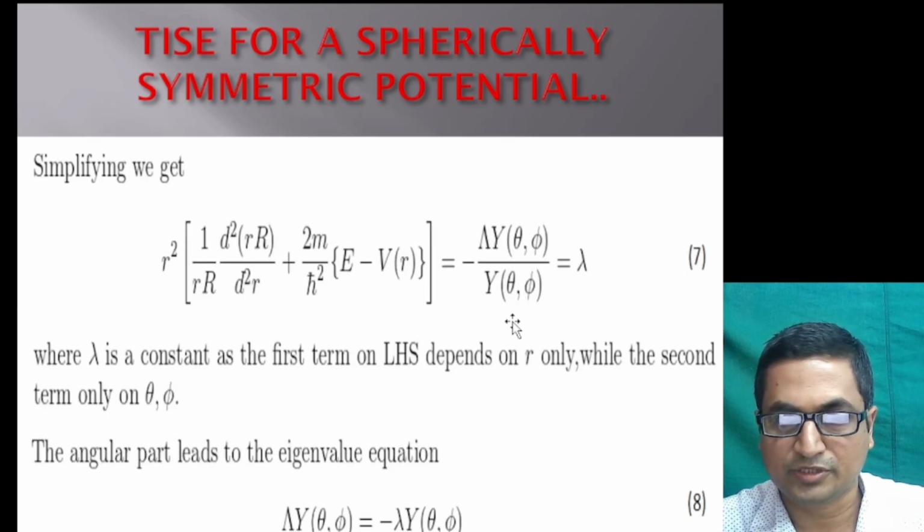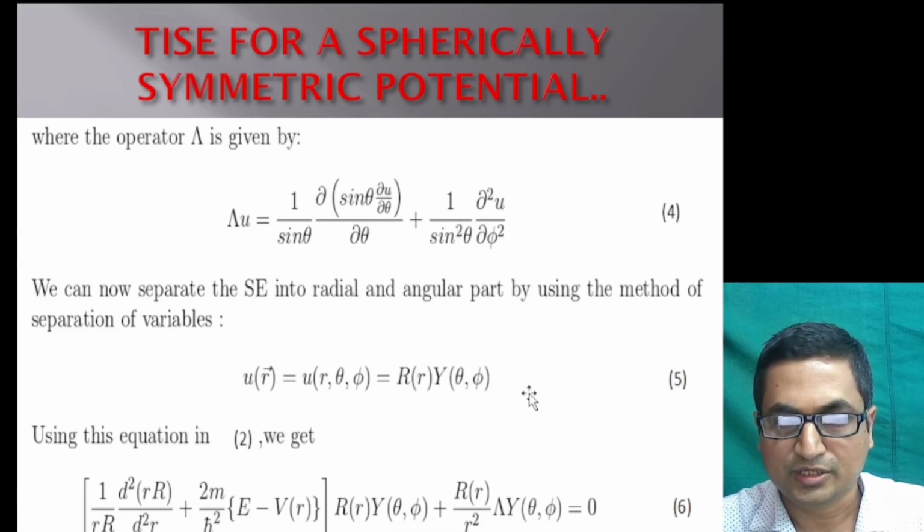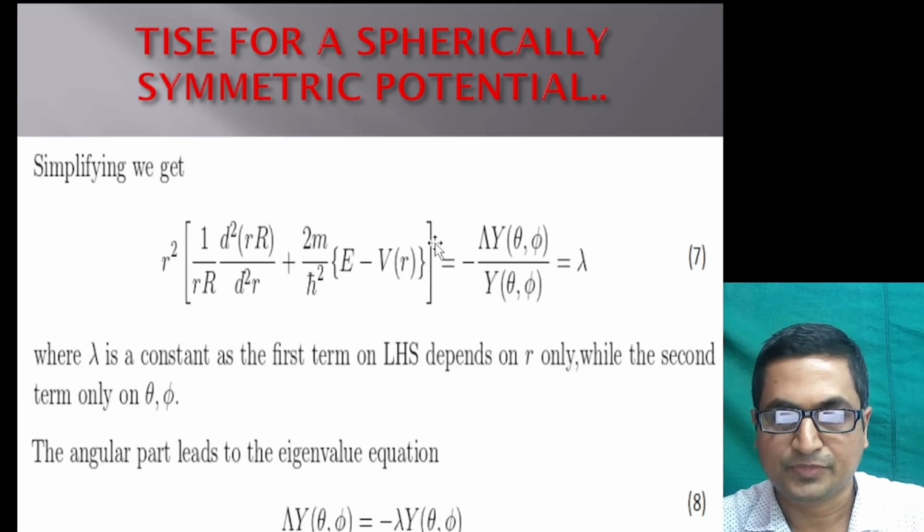We get a relation like this. For that, we are dividing this quantity by capital R and Y on the left hand side as well as the right hand side. The right hand side is always equal to 0. So dividing this quantity by R and Y, we find that this is the relation that we can have.